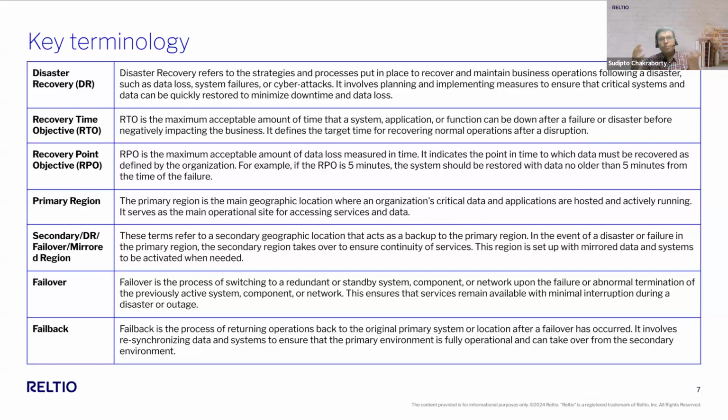Next is recovery point objective, which is RPO. This is the maximum acceptable amount of data loss measured in time. So it answers how much data could we lose and still be okay.